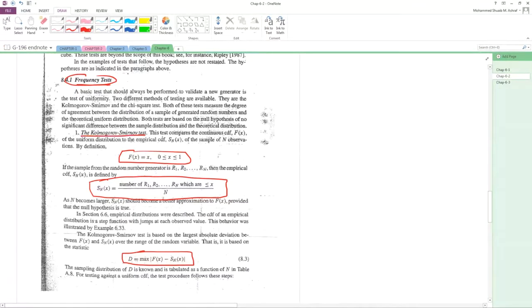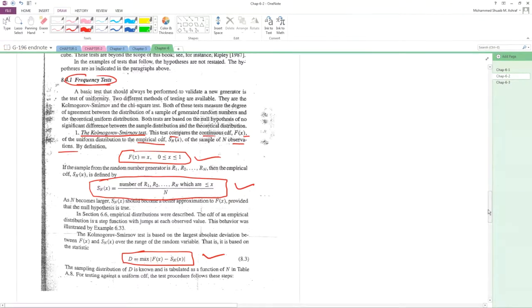Kolmogorov-Smirnov is used to compare the continuous distribution with the empirical values and observations. First we will see the question, then we will see how it comes. This is very easy, it is all formulas.